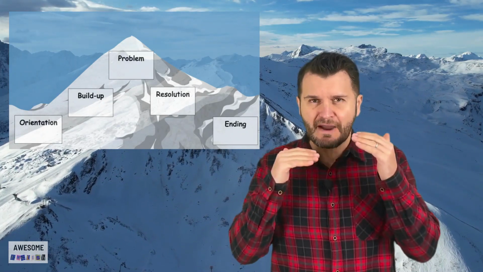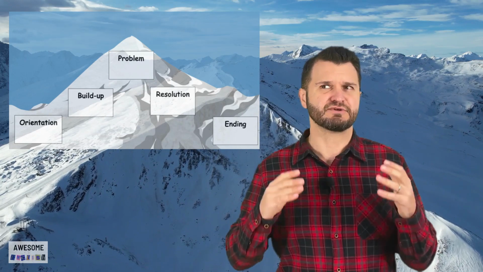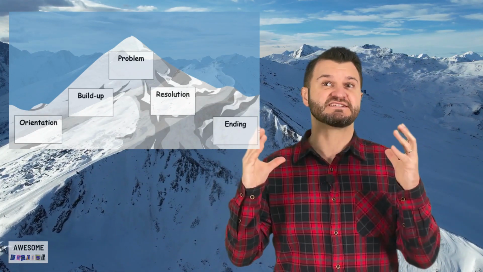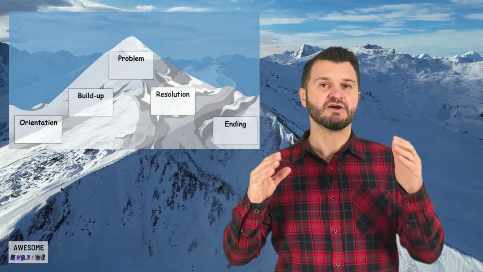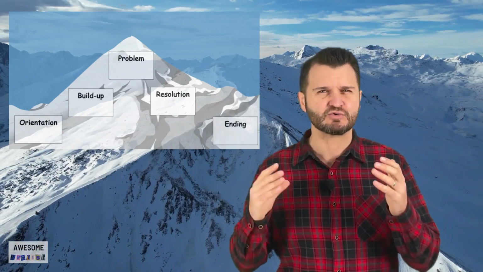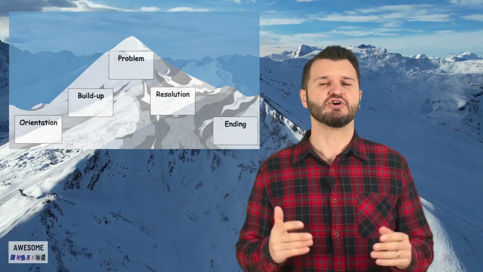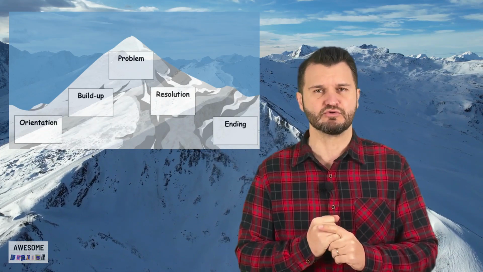Next comes the problem. Now the problem paragraph is where something goes wrong in your story. Something doesn't work out for the characters or something in the setting happens that makes something go wrong. Then you have the resolution paragraph where the problem is fixed or solved in some way. Then finally you have the ending paragraph where your story comes to a conclusion.